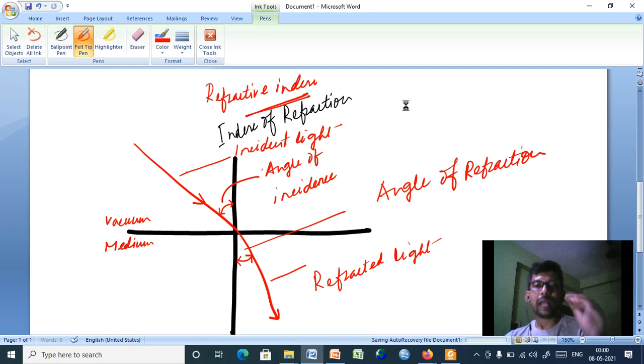And what is actually going on in a microscope is that light is passing from one medium to another, and depending on this criterion, the amount of refractive index varies from one microscope to another.